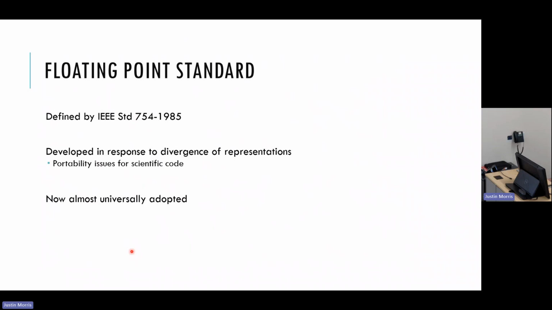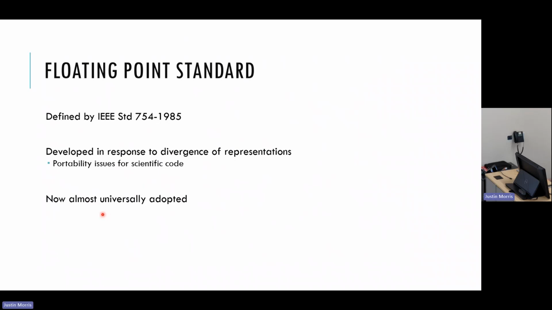All right, so the floating point standard is defined by IEEE, and it was developed because of a divergence of representations. Now it makes portability for scientific code a lot easier, because if we're all using the same standard, it's easier to use the same code across different applications.